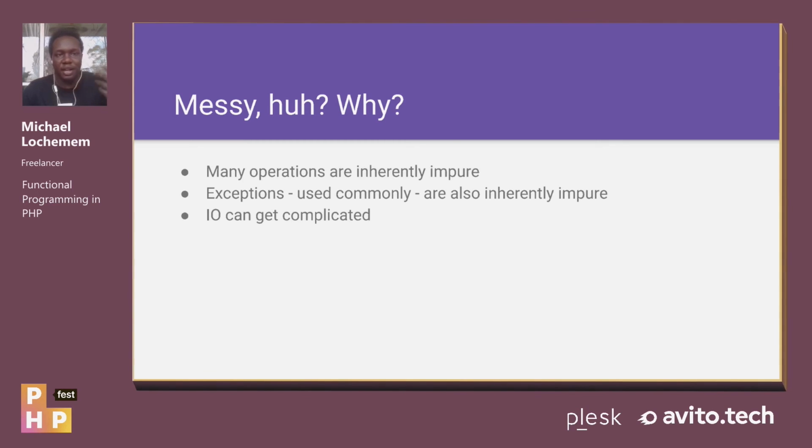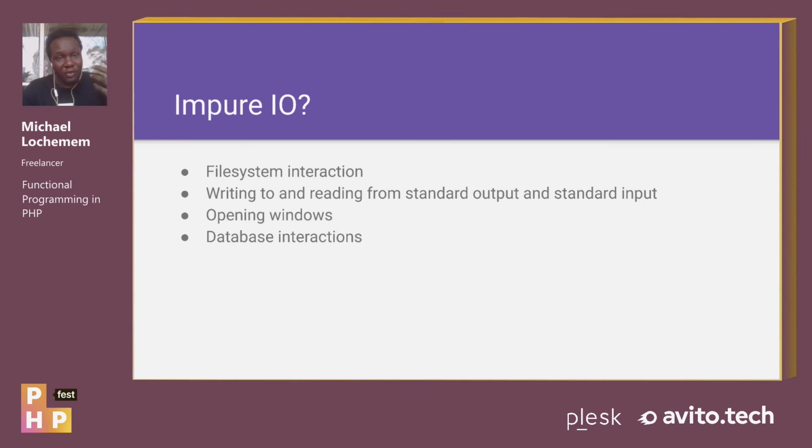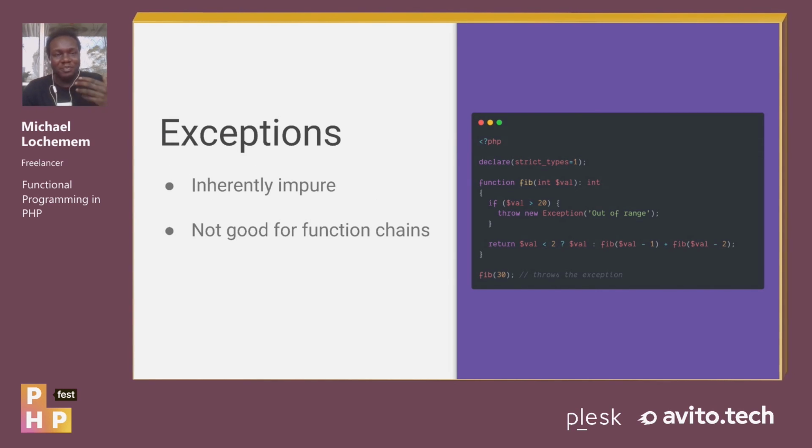You can get mixed results, so capricious values, capricious return types. There's potential mutagens, many side causes, potential side effects. So I/O is a very, very messy place to be. Impure I/O operations include file system interaction, writing to and reading from standard input and output, basically console related stuff, opening windows, database interactions, printing to the screen is an impure operation. So you're going to work around these a lot in the real world.